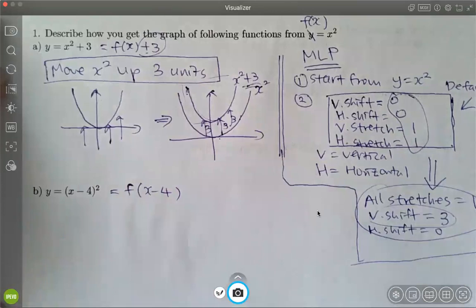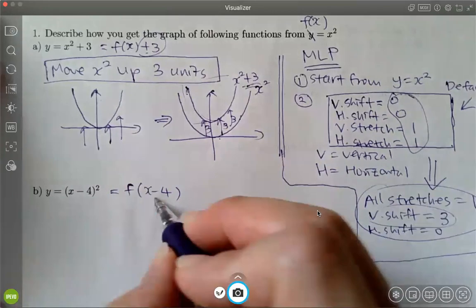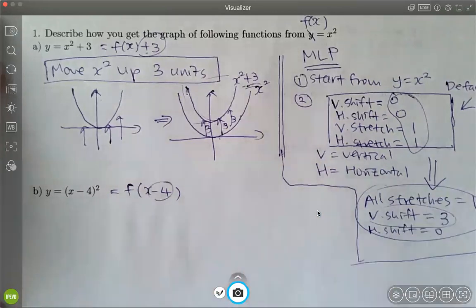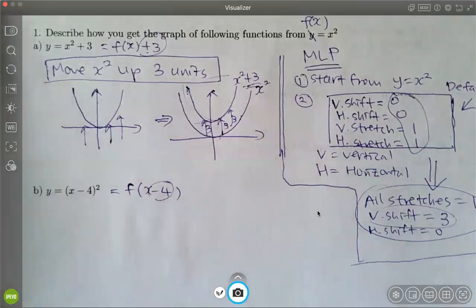Okay, so what do you notice here? We subtract something from x, okay, not in the back, right? So what does that mean? Is it vertical motion or horizontal motion? Horizontal, right? Okay, now it seems like when we subtract something, we have to go left.